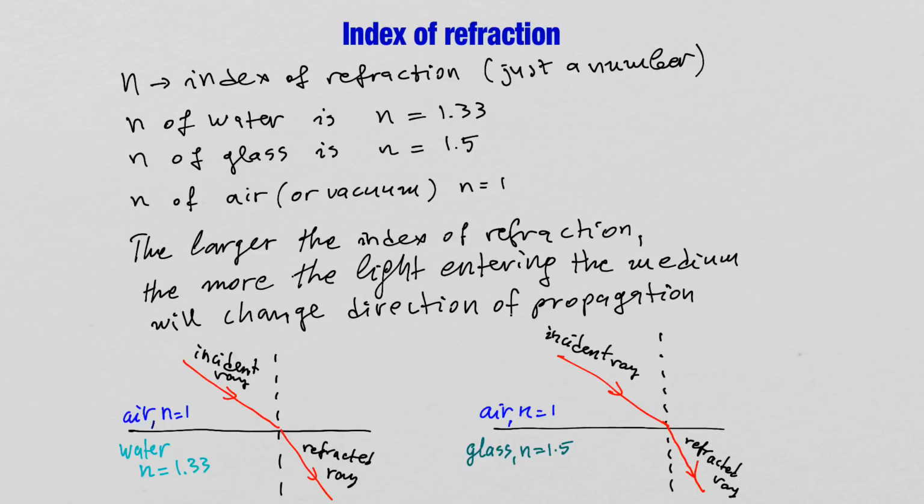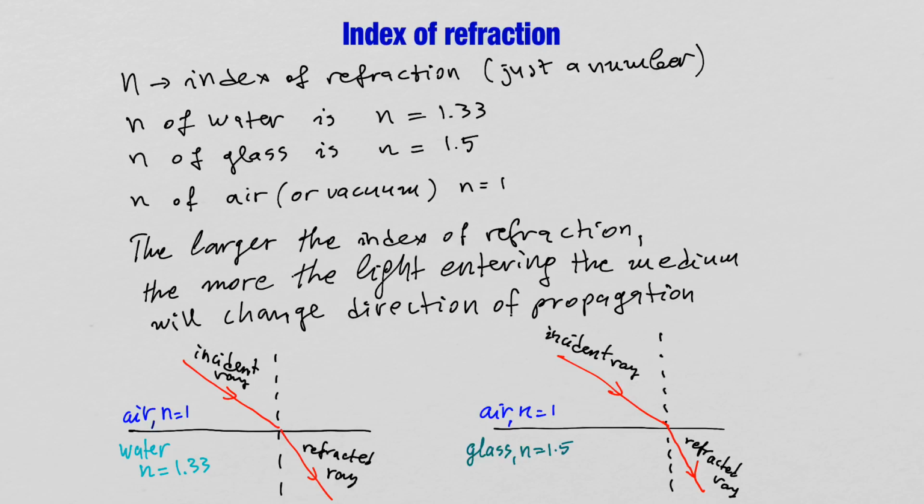If we look at the refraction of light incident upon water on the left here versus glass on the right here, coming from air, we see that the light bends differently when it enters those two substances.